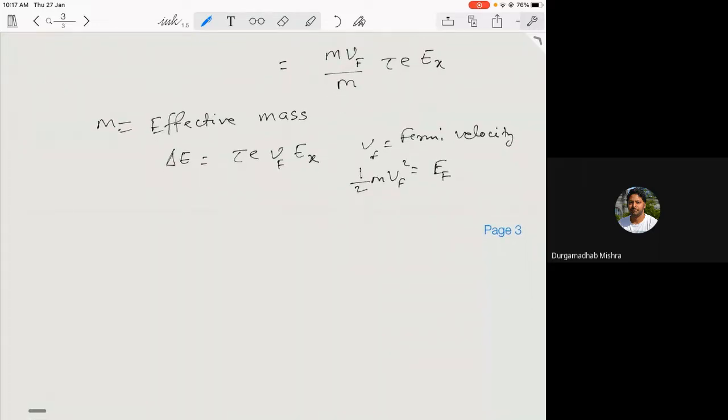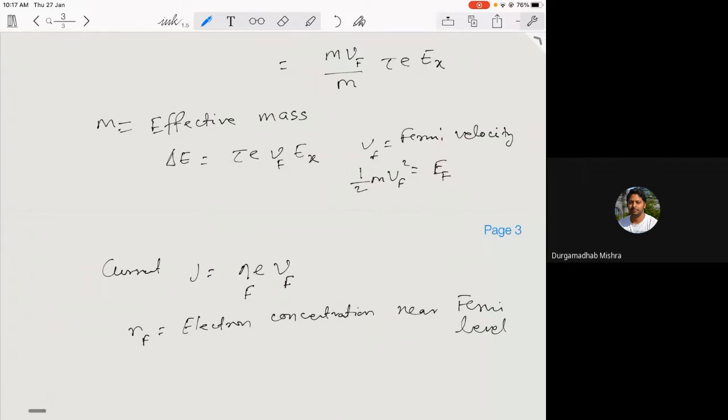And what is the current? Going back to the classical picture, it will be n e v. But since only electrons close to the Fermi level are participating in the conductivity, we say J is equal to nF e vF, where nF is the electron concentration at the Fermi level.